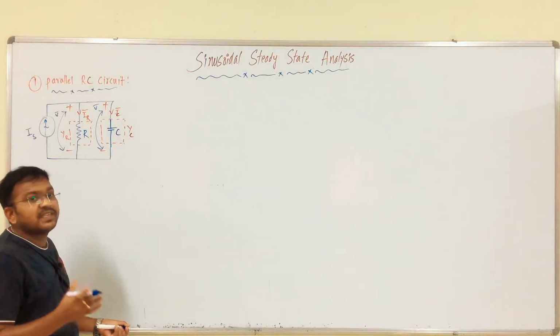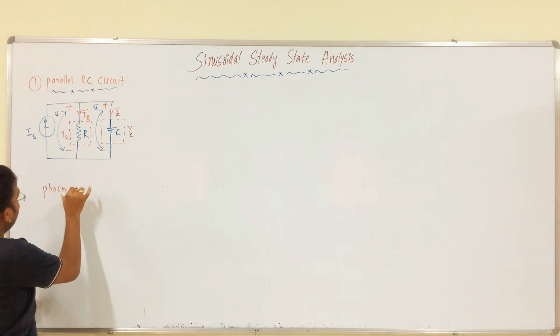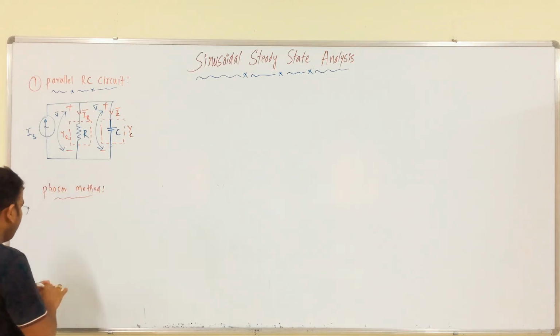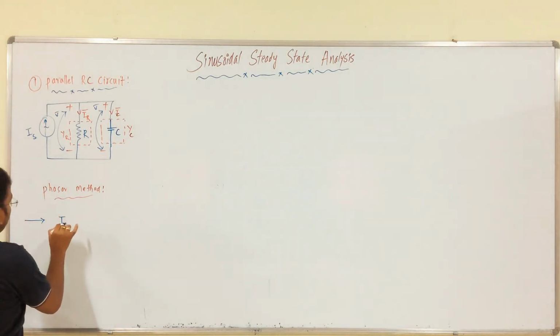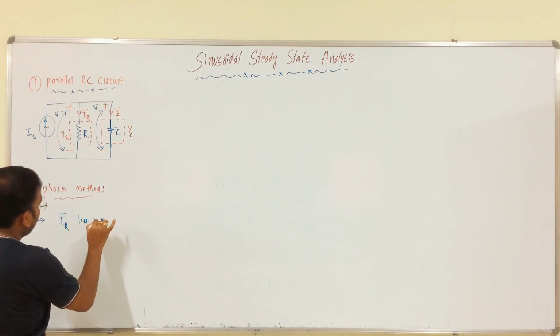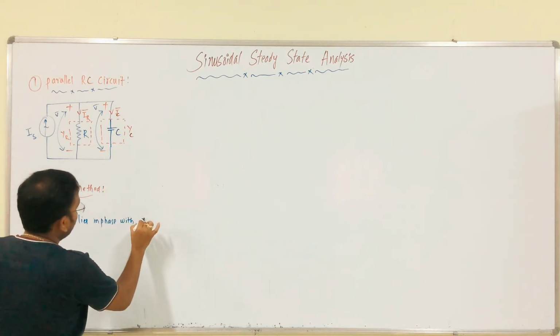Next, with respect to the phasor method, we have to analyze. So the first point is what? The current through the resistive branch lies in phase with V, right?